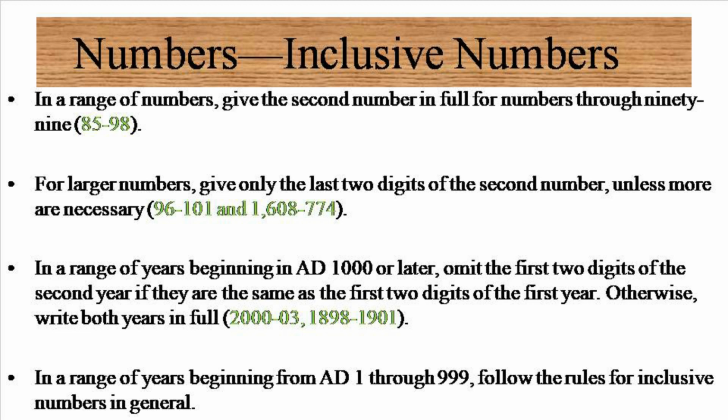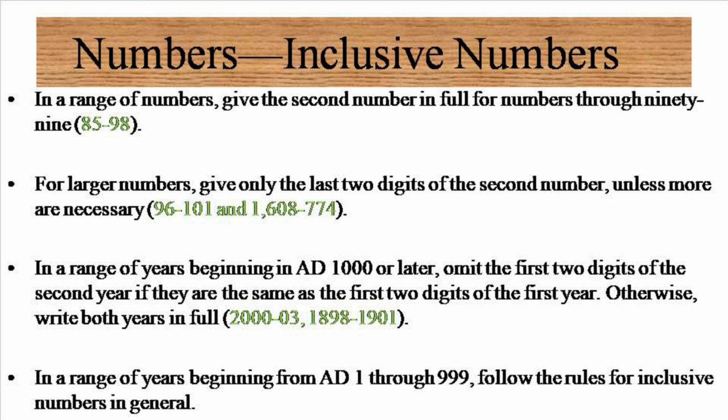While giving inclusive numbers, in a range of numbers, give the second number in full for numbers through 99. For larger numbers, give only the last two digits of the second number unless more are necessary.